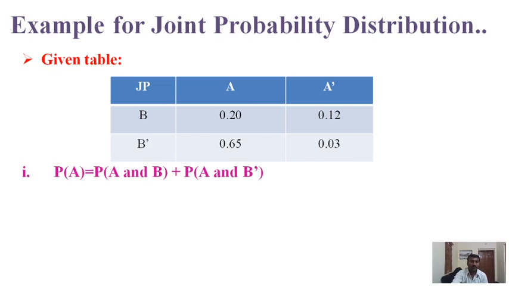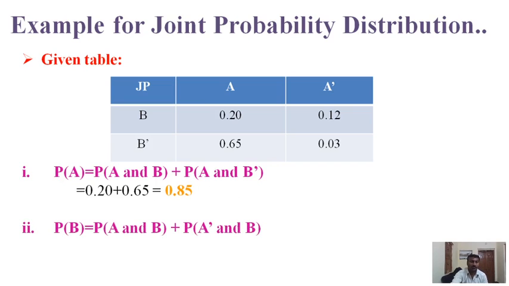Then the probability of A is equal to the probability of A and B plus the probability of A and B dash, which is 0.20 plus 0.65, giving 0.85. Then the probability of B is P(A and B) 0.20 plus P(A dash and B) 0.12, adding these two we get the value.